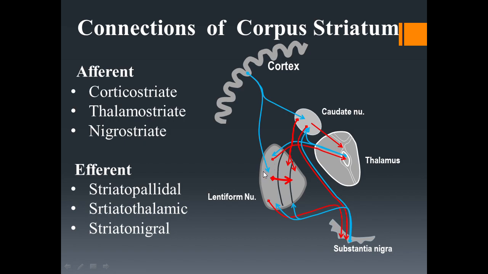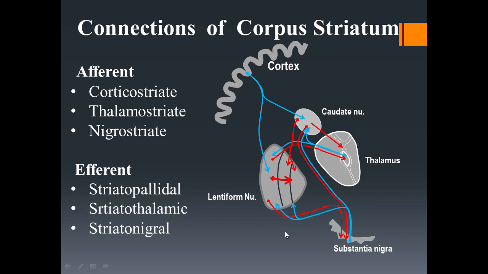Then nigrostriate fibers are dopaminergic and they convey dopamine. And these nigrostriate fibers are inhibitory to the striatal neurons. Remember, the corticostriate fibers are excitatory, while nigrostriate fibers are inhibitory to the striatal neurons.